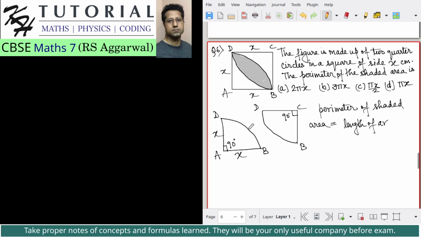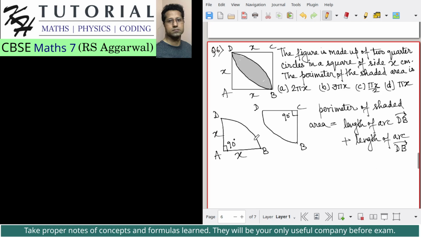So DB is the arc, length of arc DB plus length of arc. So this is also DB. So we are having twice the length of arc DB. Now what is the length of arc DB?